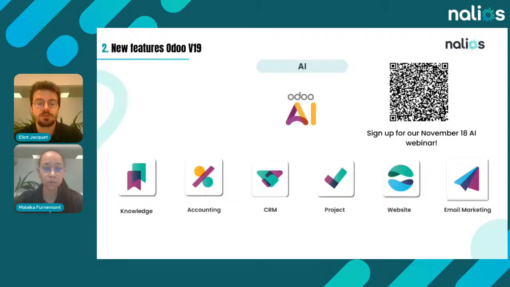And now you can also find AI features across all Odoo applications, such as accounting, CRM, and project. So during this webinar today, we are not going to present those new features, because we will organize in a few weeks a webinar which is dedicated to AI.